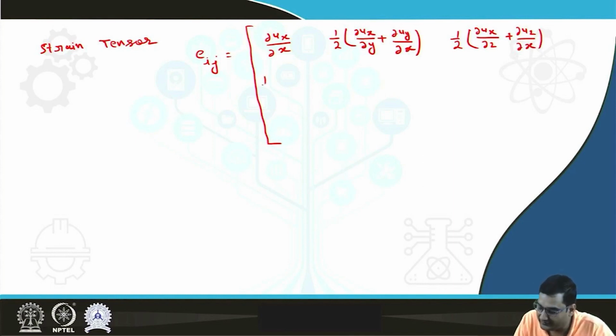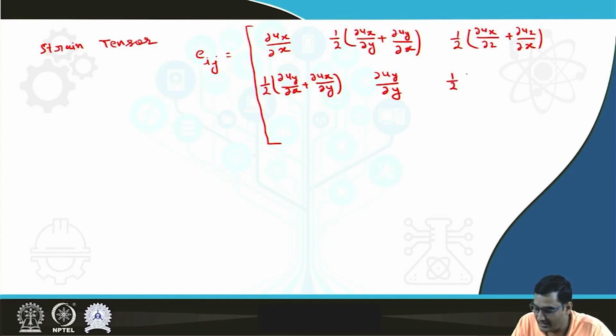Likewise for the second row, half of del uy by del x plus del ux by del y, then del uy by del y, and half of del uy by del z plus del uz by del y.